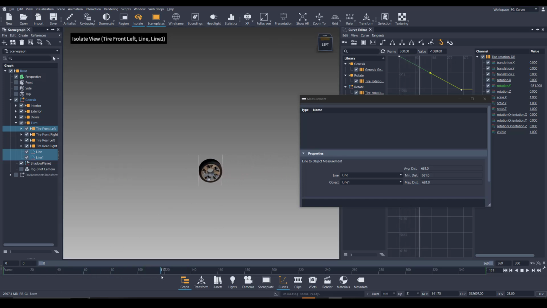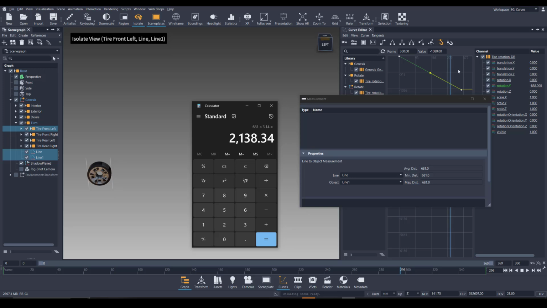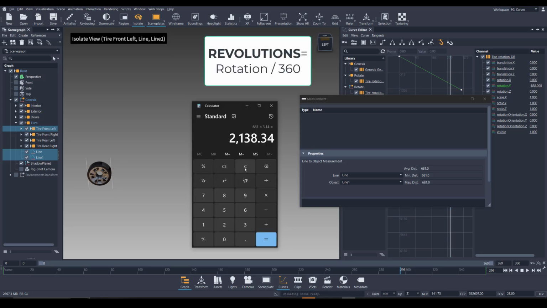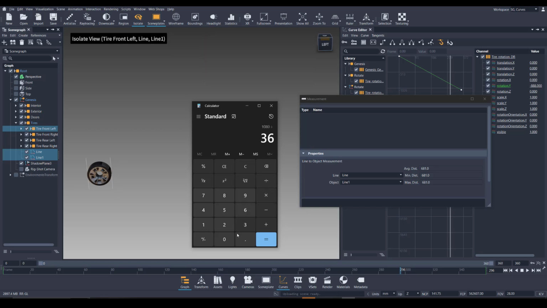And I can see from the shadow baked on it that it rotates a few times. I'm not sure exactly how many, but I can just calculate that by dividing the number 1080 divided by 360. So that gives me 3 revolutions.